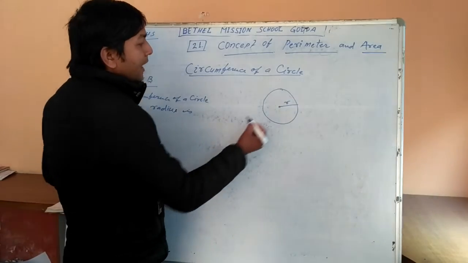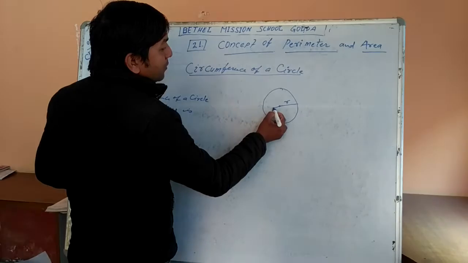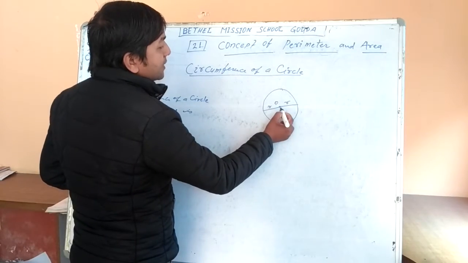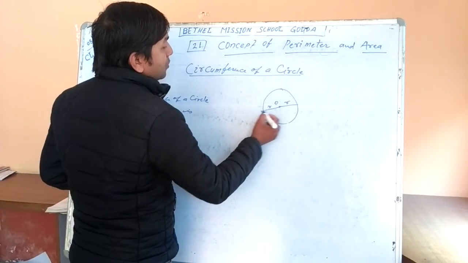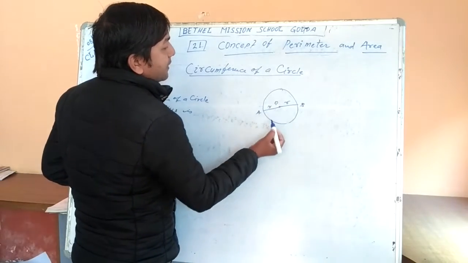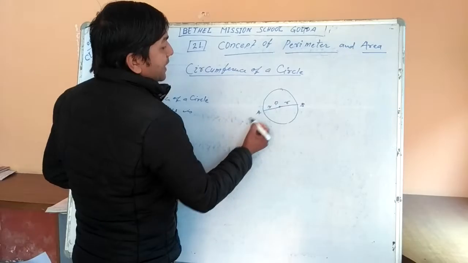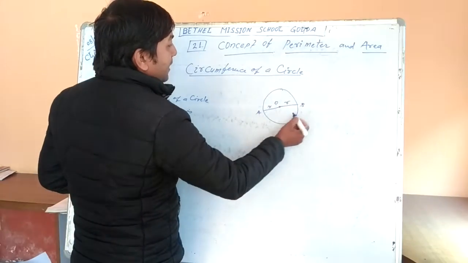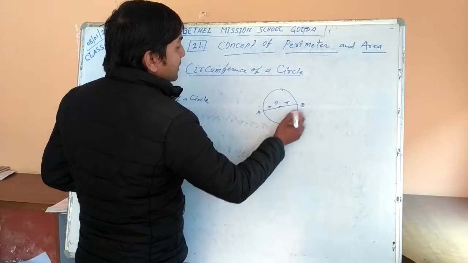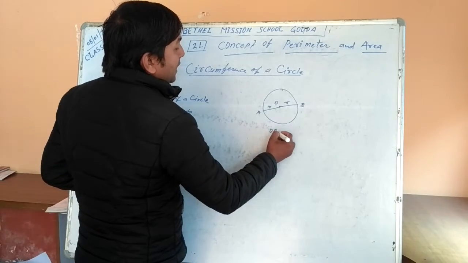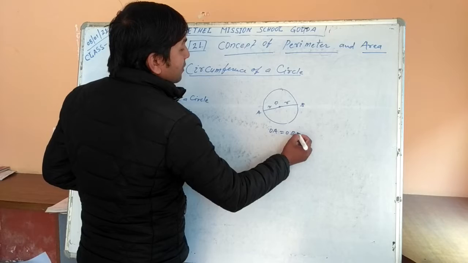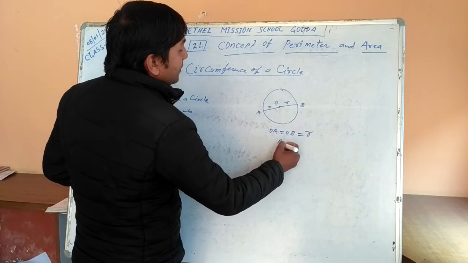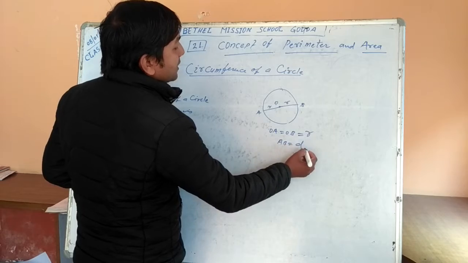Okay, and when you touch the other side also, this is also a radius from O to A. Here O to B is one radius and O to A is another radius. Okay, and AB is a diameter. OA equals OB, that is the radius R.